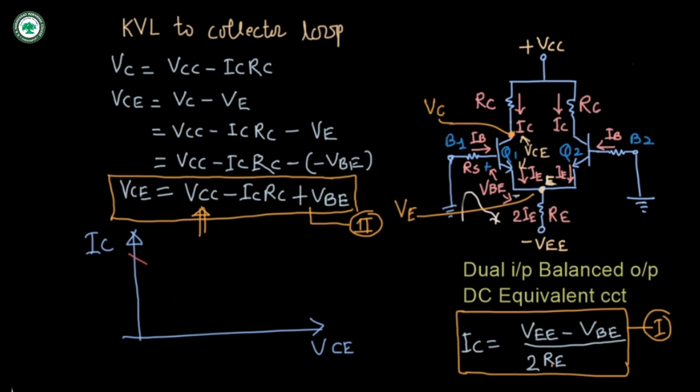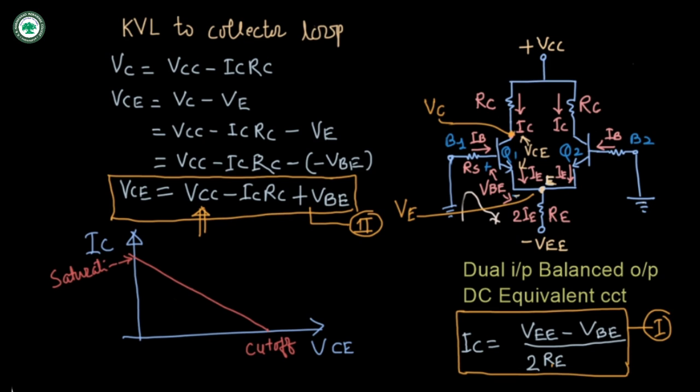If we draw the load line, it will look like this. The point where this line crosses the x-axis will be the cutoff point for the transistor, and the point cutting the y-axis we call saturation. So the transistor will be at saturation at that point, and here it will be cut off.